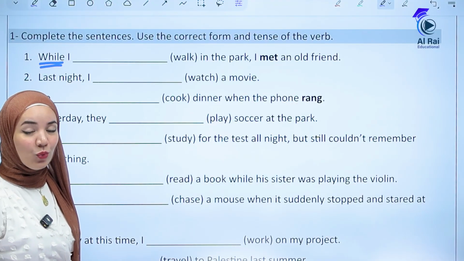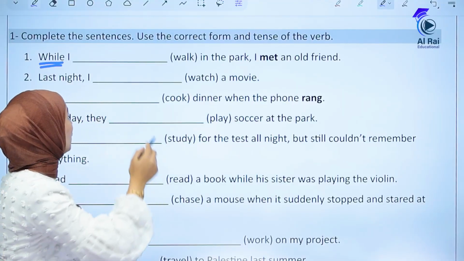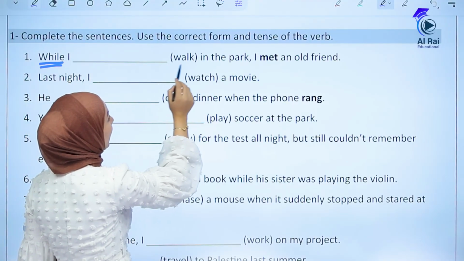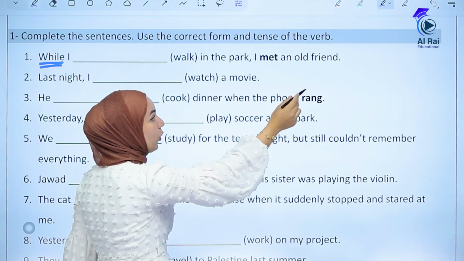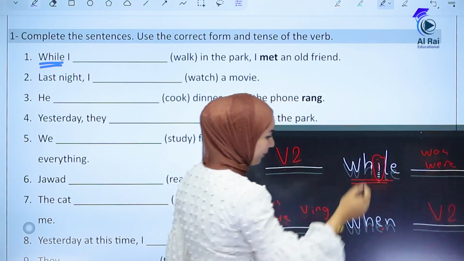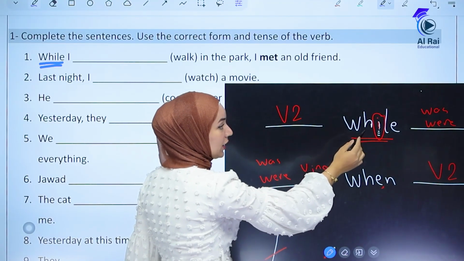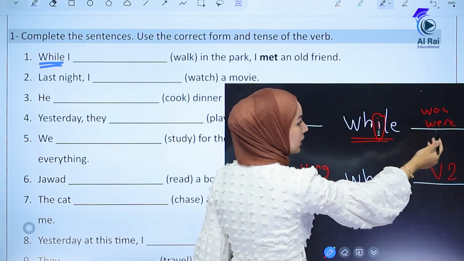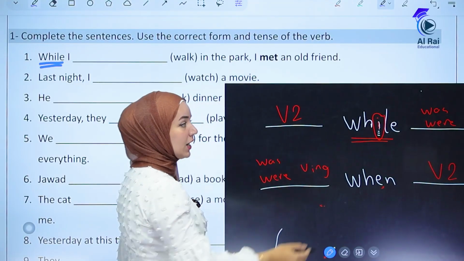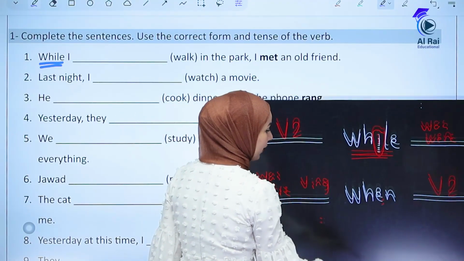Look, it is a key word for past continuous. While I blank walk in the park, I met an old friend. Let's see. With while, so I need in its section was, were, verb ing. The other section verb two.